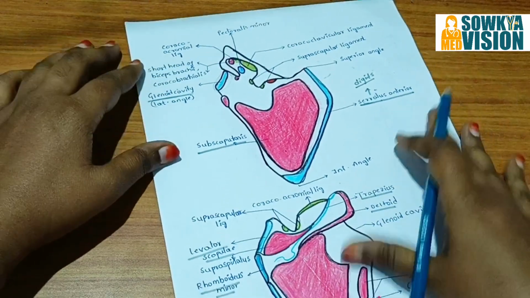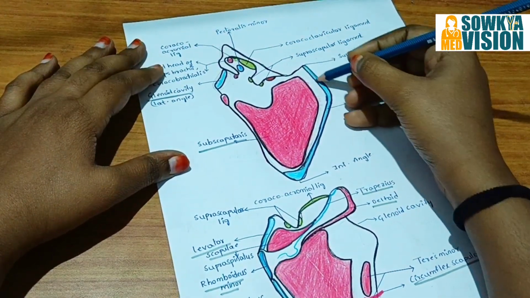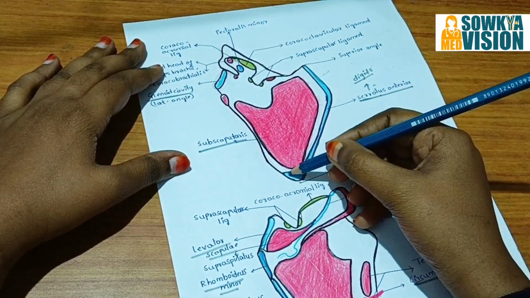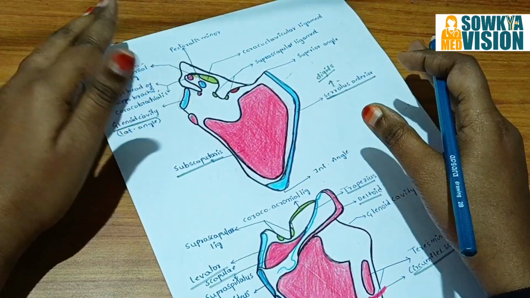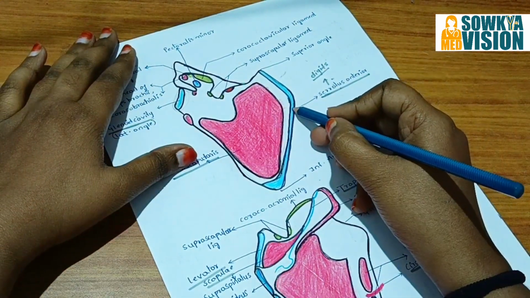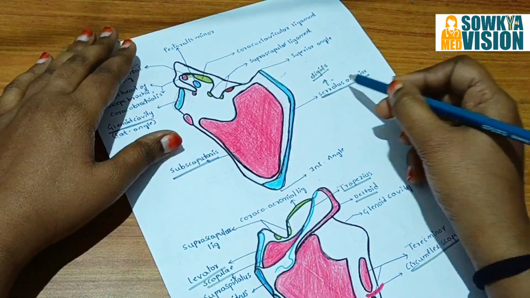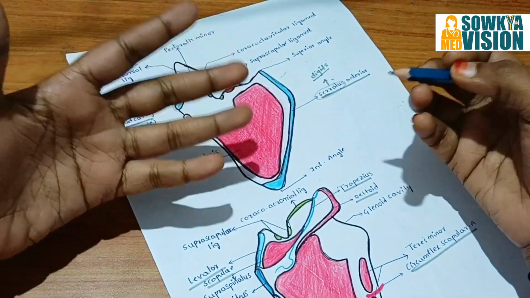Yes, let's see the borders. This will be the lateral border, and this is the medial border giving insertion. In the last class, I said that blue color indicates insertion and red or pink color indicates origin. Insertion of serratus anterior. What is the meaning of serratus? Serratus means digitations.